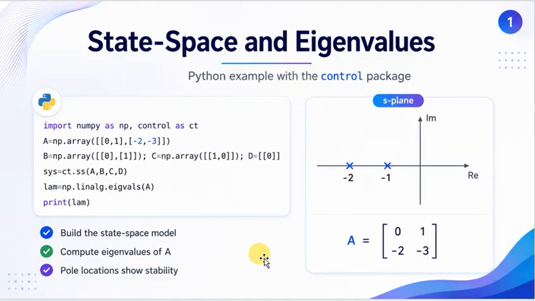So we can build a state space model, calculate the eigenvalues, simulate the step response, draw the root locus, and check controllability and observability. So here we can visually see and understand how the math ideas appear in the system behavior.